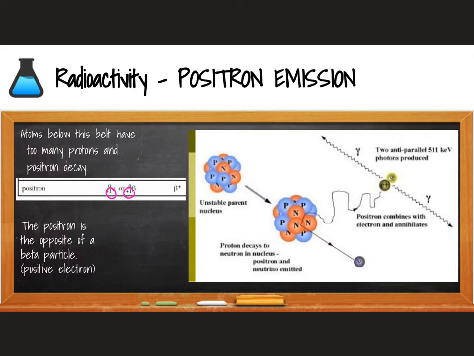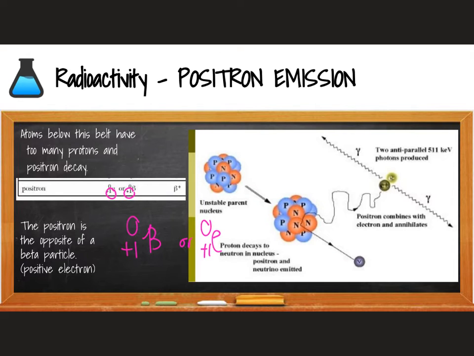So it's going to reduce the proton count by 1. So the positron is really just the opposite of a beta particle. It's a positive electron. So that's really all it is. And if you look on table O, it's 0 over +1 B or 0 +1 E.